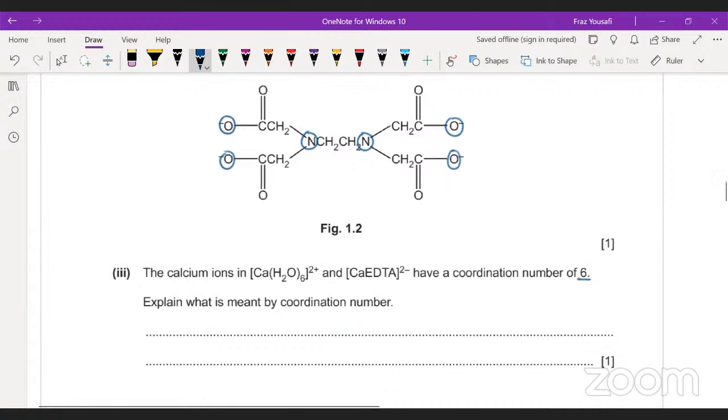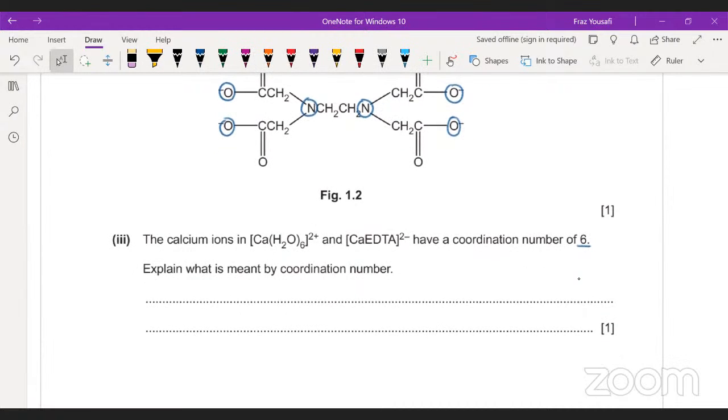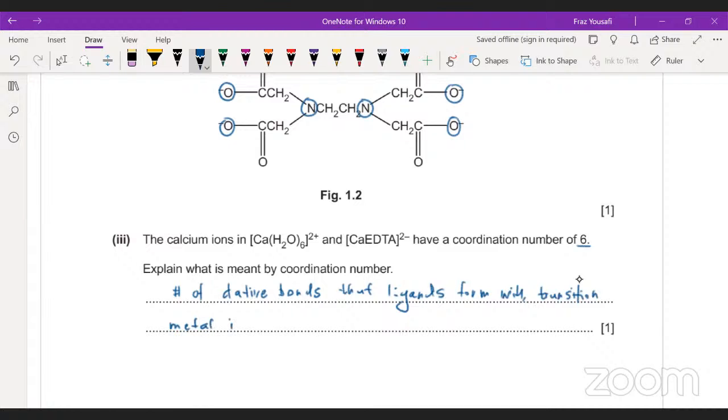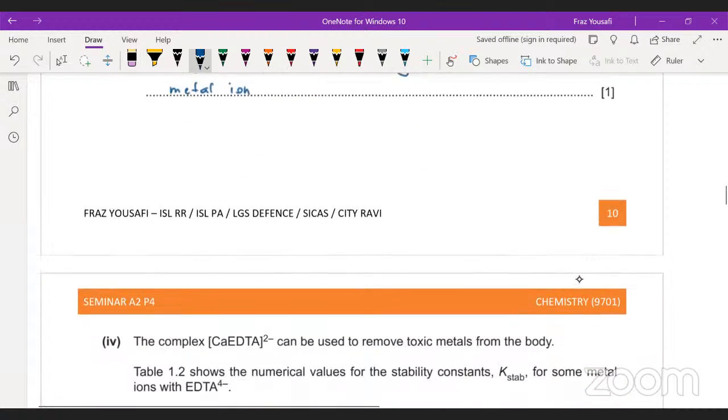So in this case, there would be six dative bonds that your ligands form with your transition metal ion. So that's the general understanding.